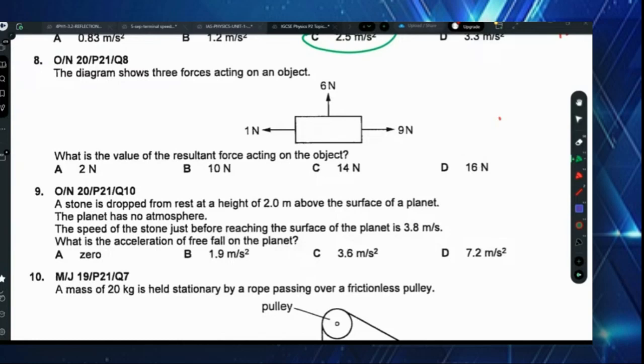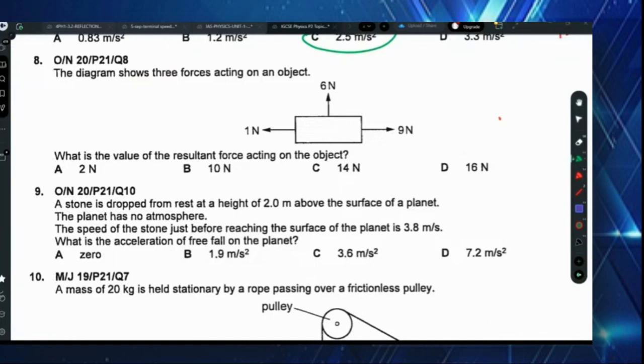Then after Mariam is done, we will declare the answer. Mariam, are you stuck? Wait. Then what about 9? I have not even looked at that. Ariba, what's your answer for 8? There is no Ariba at all? No, there is, but she's muted.